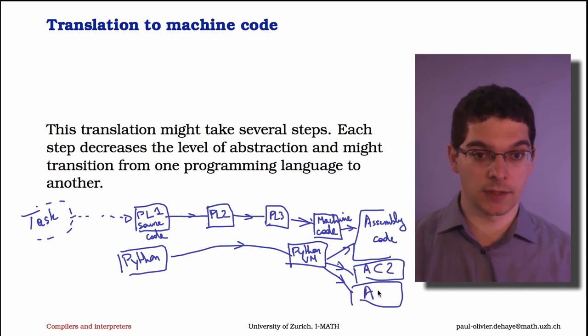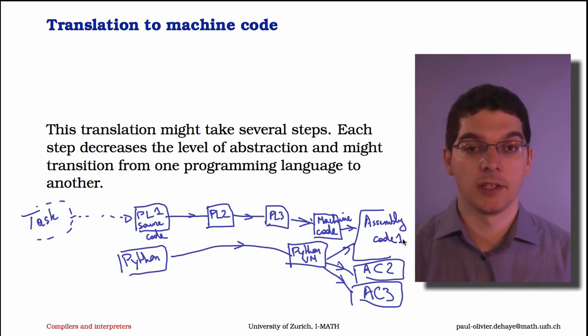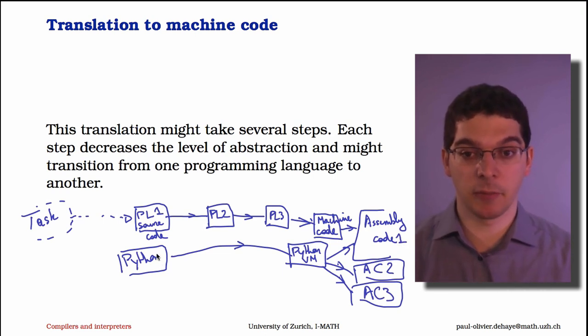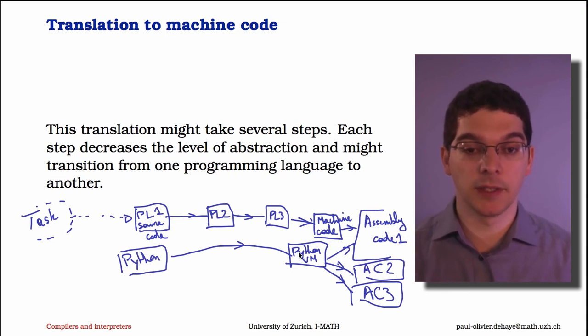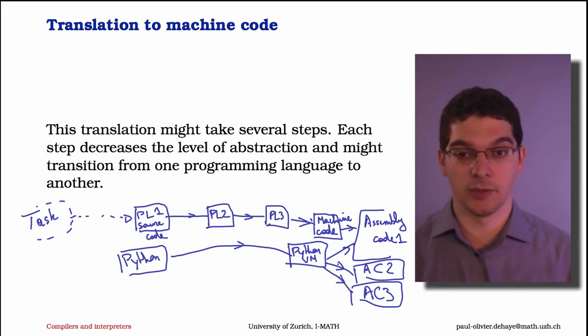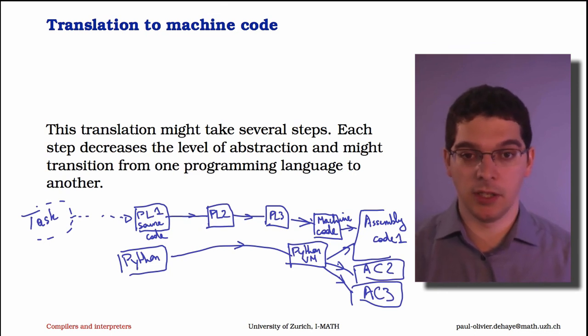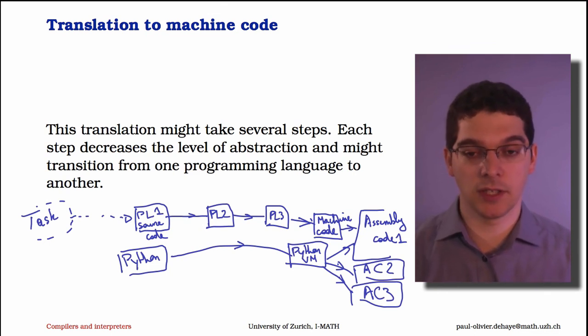So this would be assembly code 2, assembly code 3, and this is assembly code 1. So that's one option, and that's one advantage of Python, is that you transit through this Python virtual machine, so it will be the same for every machine you might use. So that's one possibility, but nothing says it has to be the only one.